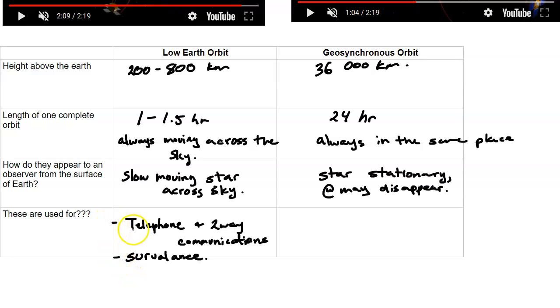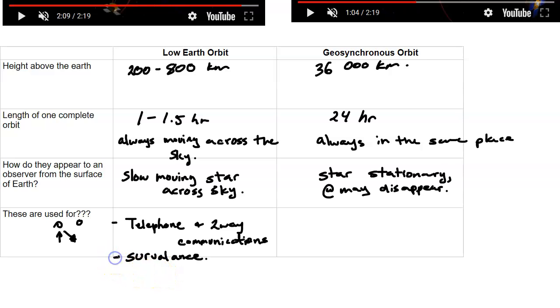The reason for the telephone or two-way communications is because several satellites can be there, and because they're so much closer to the Earth, you can get that feed off of the satellite and back in relatively short order. However, you do need many more of those satellites in order to keep the signal, because there will be times when, as it shoots across the sky, one of those satellites will not be available.